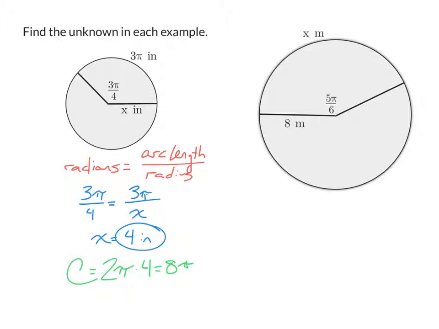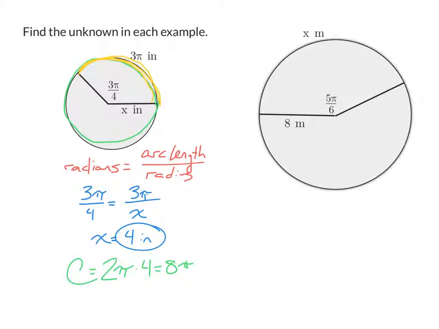So the whole way around is 8 pi. Well, this section right here is just 3 pi of that full 8 pi. And that seems to make sense, right? It's 3/8 of the entire circle, and that's roughly what it looks like. So the answer makes sense here. Let's look at the other one.